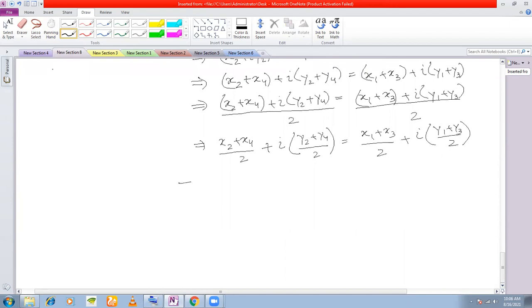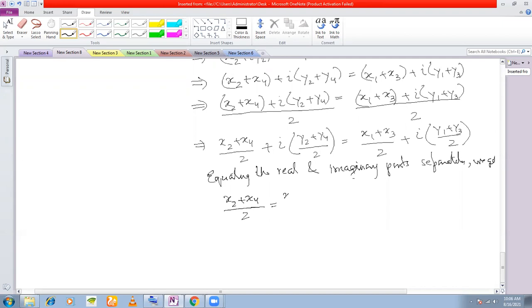Now if you equate the real and imaginary parts separately, we get X2 plus X4 by 2 is equal to X1 plus X3 by 2 and Y2 plus Y4 by 2 is equal to Y1 plus Y3 divided by 2.